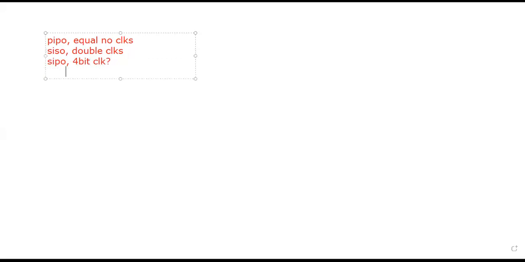See, 4 bits for input. One by one we have to send all the bits, because it is serial in. So 4 bits, and we have parallel out, so there would be 1 clock.